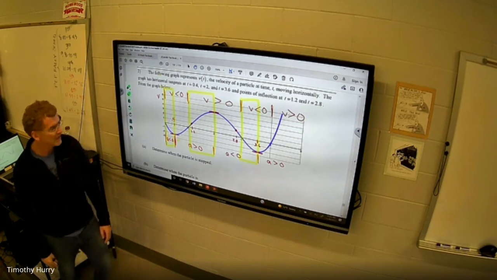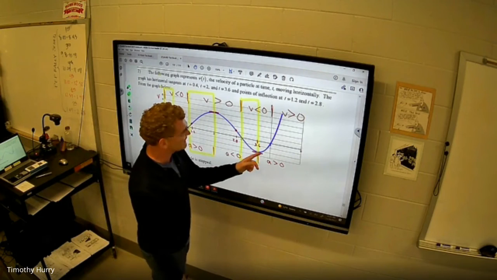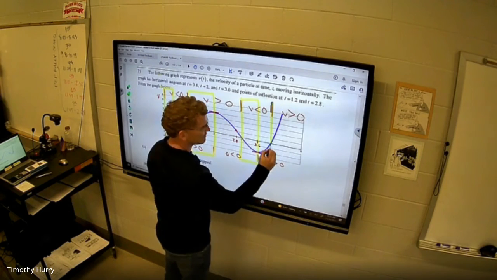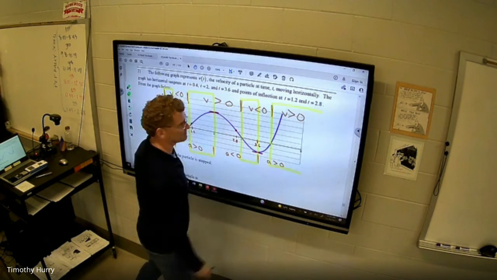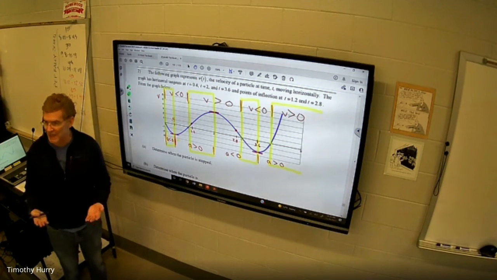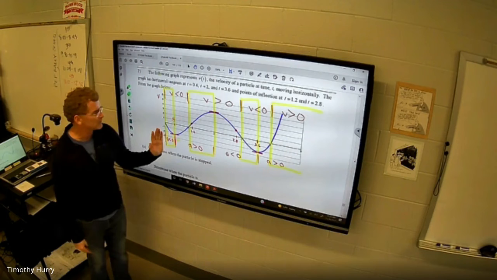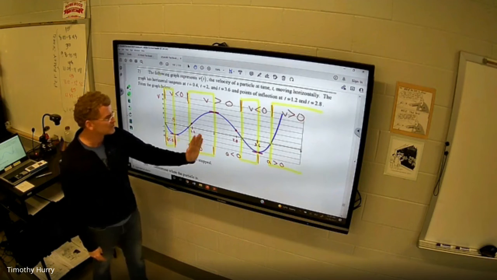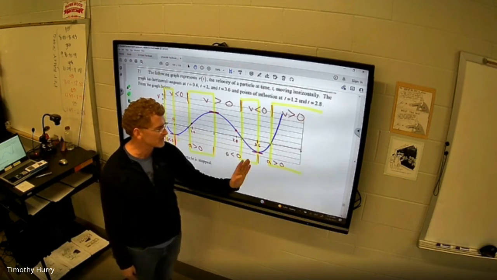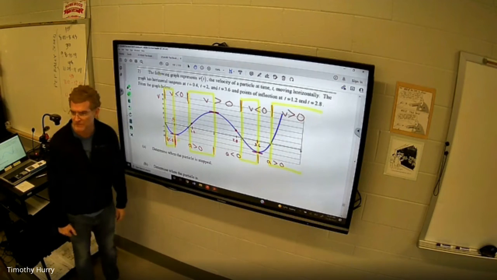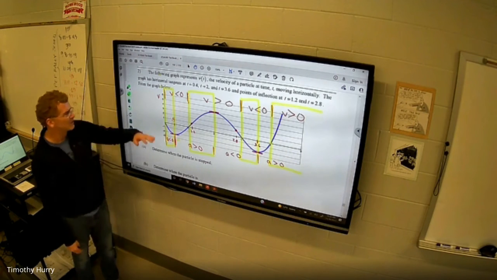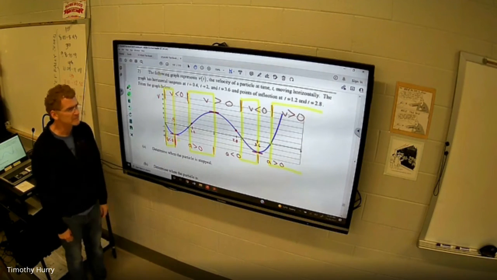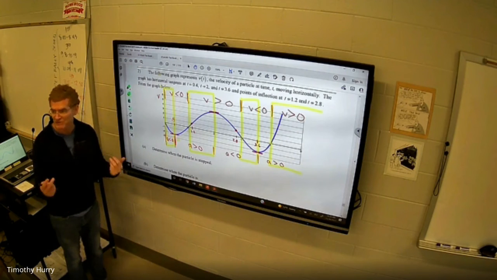And then, unfortunately there, A now becomes positive, V is still negative. But wait, picking up right here, A is positive, V is positive. So I'm speeding up from 0 to 0.4, from 1 to 2, from 3 to 3.6, and from 4 on. Y'all seeing that? And it might be helpful if you wrote the V and the A stuff right near each other, so you don't have to look up and down like this. And then obviously, if that's when I'm speeding up, I'm slowing down in different places.